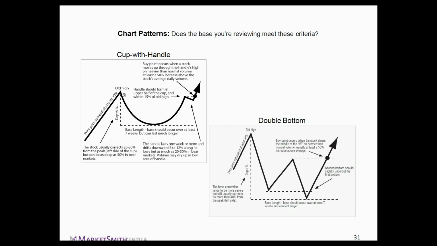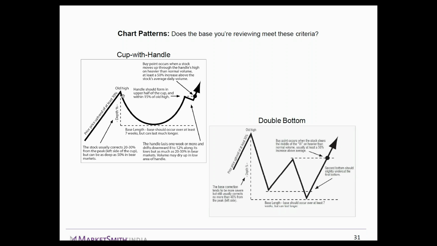After the stock has made a high, it would usually correct about 20 to 30% from the peak. As you can see here, when it falls down, it would start making a cup and then it would make a handle.